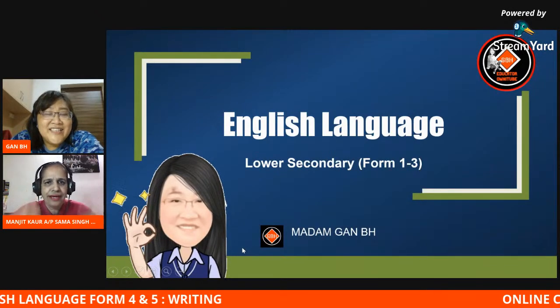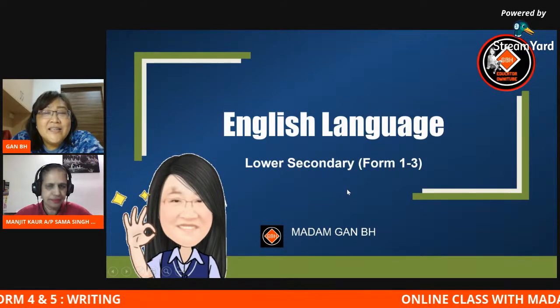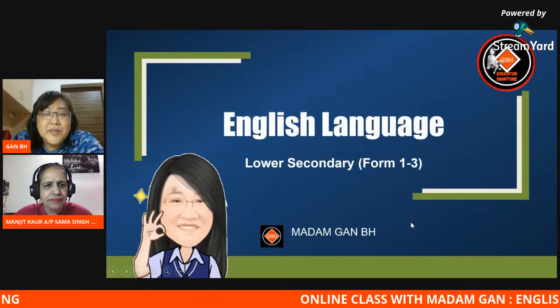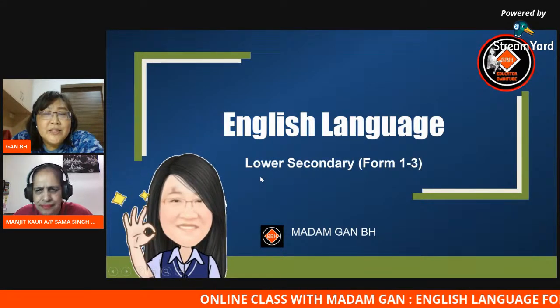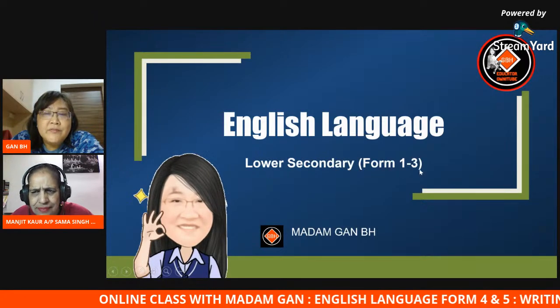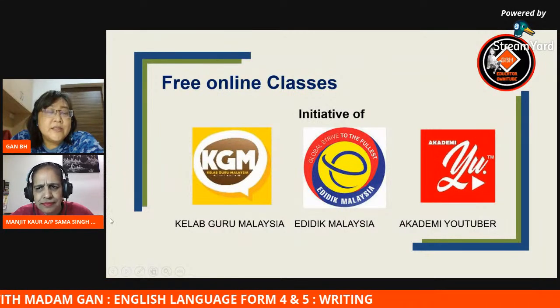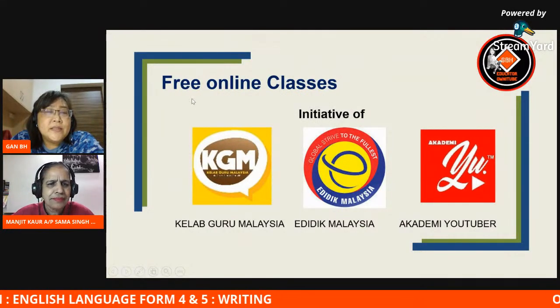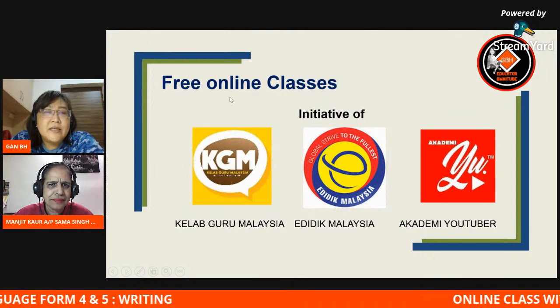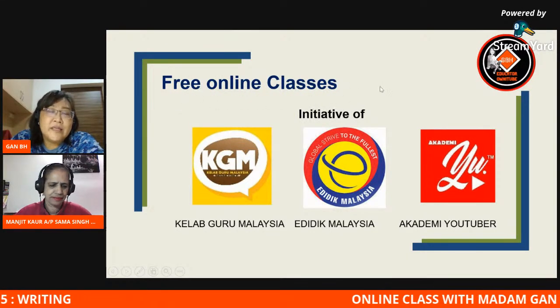Okay, very good. Dear students, so today it is another lesson for English language, and we are doing the English language lesson for the lower secondary Form 1 to Form 3. Just as Cikgu Manjit mentioned just now, it is a free online class, and there are many other free online classes.